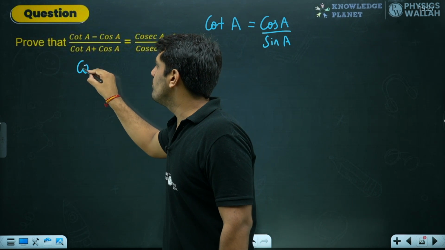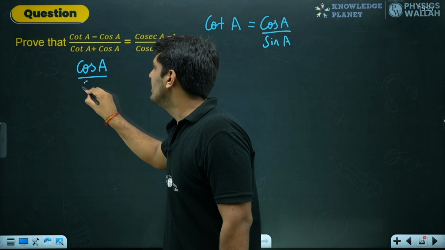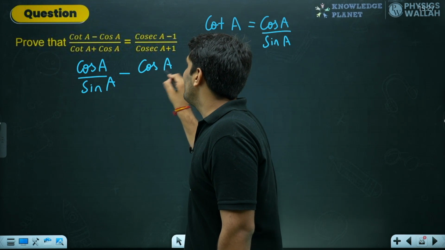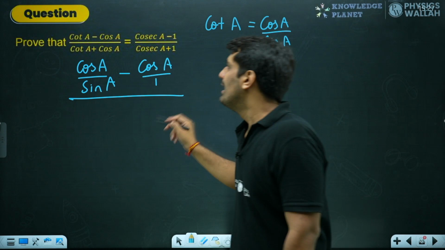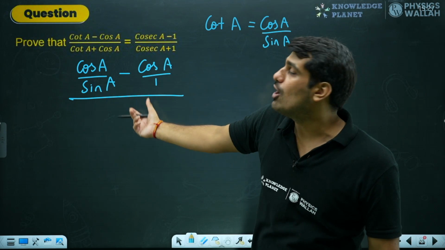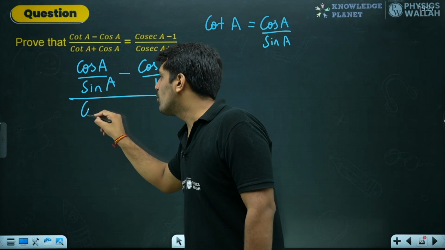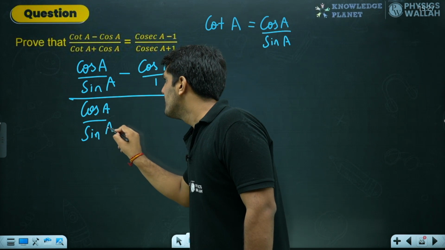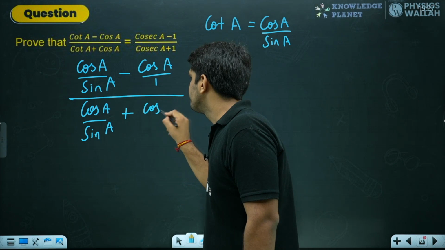So this comes out to be cos A upon sine A minus cos A, and in the denominator the same thing is repeated with a positive sign: cos A upon sine A plus cos A.